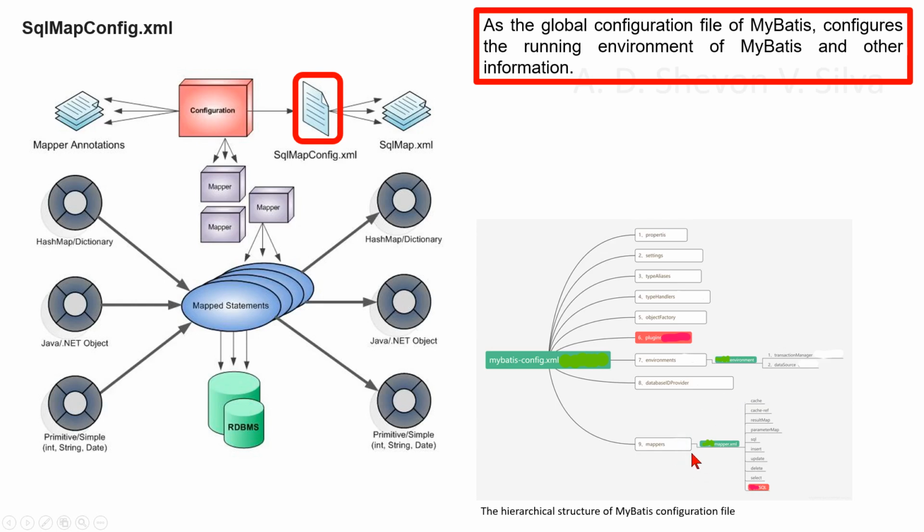Mappers. Now that the behavior of MyBatis is configured with configuration elements, we are ready to define our mapped SQL statements. But first, we need to tell MyBatis where to find them.